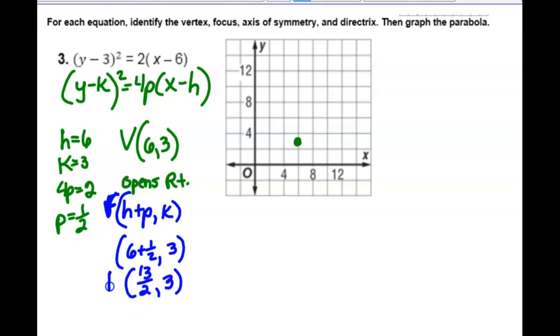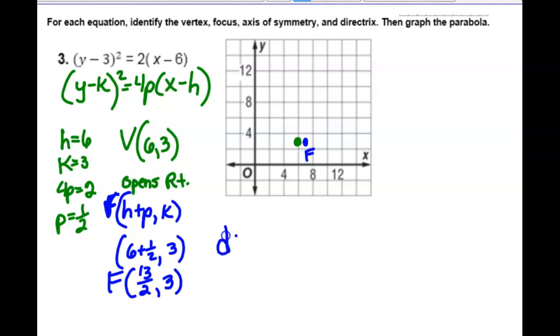It is 6.5, 3. 6.5, 3. Ooh, yeah, I can't even show 6.5 with this crummy graph paper.